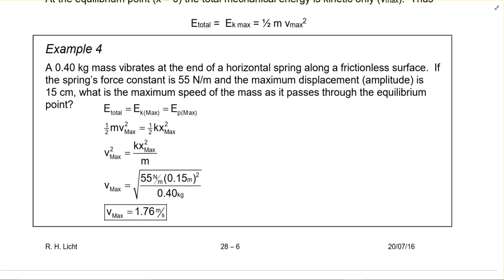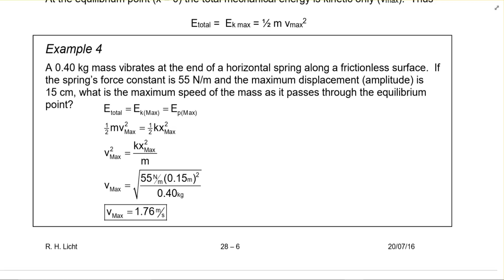I'll read it here first. A 0.4 kilogram mass vibrates at the end of a horizontal spring along a frictionless surface. If the spring's force constant is 55 newtons per meter and the maximum displacement, another name for that is amplitude, is 15 centimeters, what is the maximum speed of the mass as it passes through the equilibrium point?